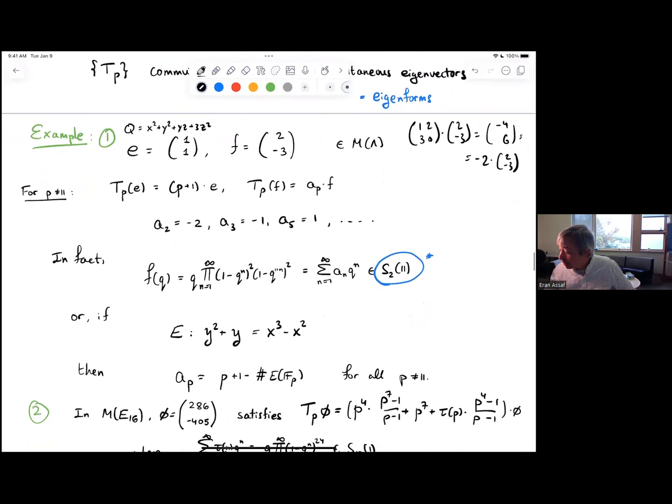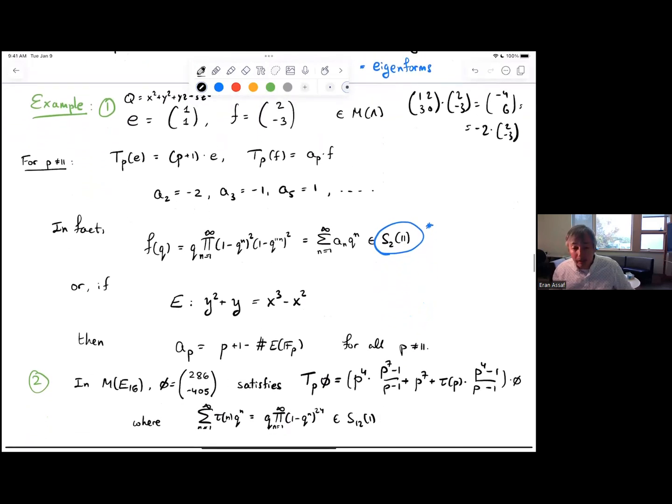Here's a different example. In our friend from before, the rank 16 lattice with discriminant 1, one can look at this other eigenvector, phi here, and notice that it satisfies this equation. Now here, tau is Ramanujan's tau function.